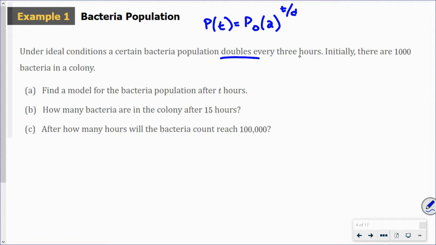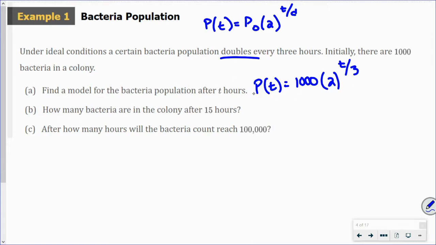Okay, it doubles every 3 hours, so that is D there. So P of T equals, my initial population is 1,000, times 2 to the T over D, which was 3 hours. Okay, so we're just plugging in numbers. Do not take 1,000 times 2. You still need to follow order of operations when you do this.